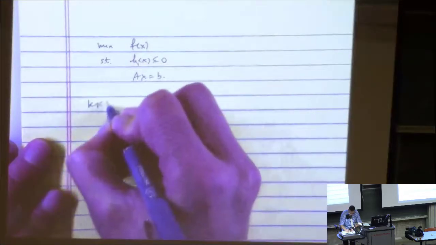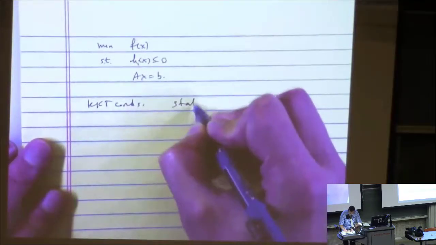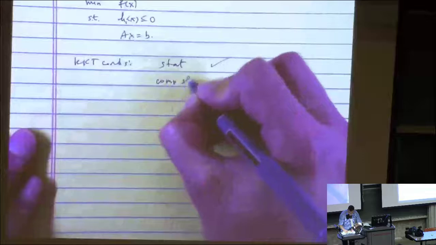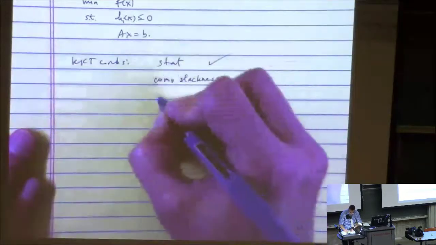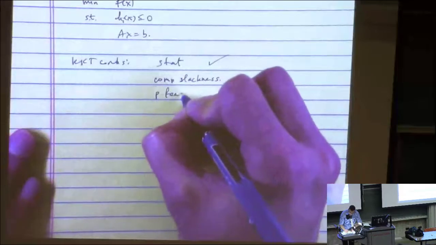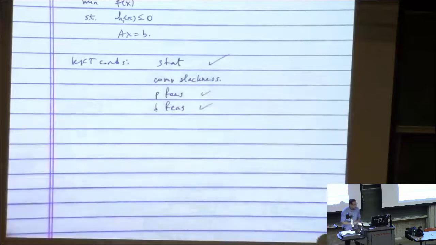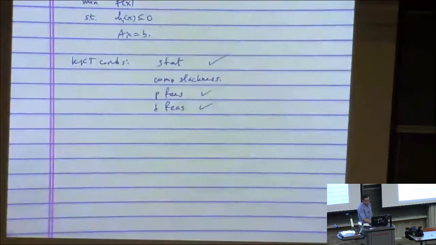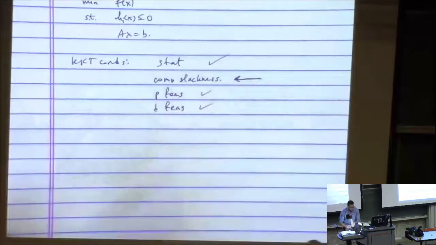The KKT conditions are going to be stationarity, which we have, complementary slackness, primal feasibility, and dual feasibility, which we have. Stationarity, primal feasibility, dual feasibility. Complementary slackness is the one offender here.